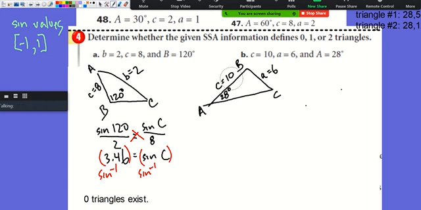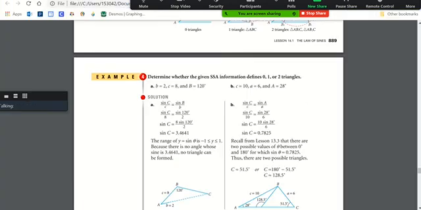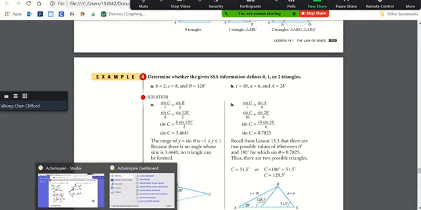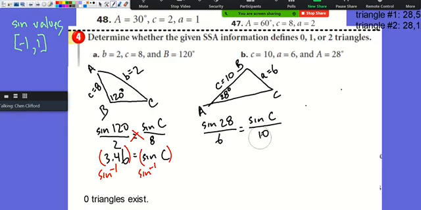Now watch this. Let's do the same thing. Sine of 28 over 6 equals sine of c over 10. Now I'm going to cross multiply and skip ahead: sine of 28 times 10, and then divide it by 6.